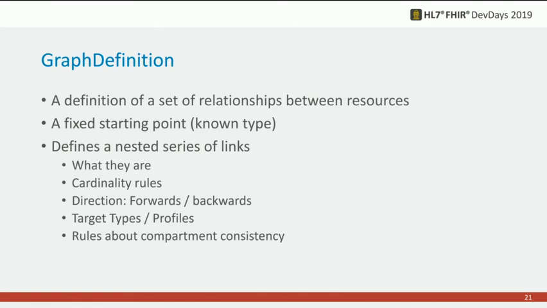That makes sense? If an observation has an encounter, both the encounter and the observation should have the same subject. Is that always true? No. Is it true 99.9% of the time? Yes. Does it matter? Yes. So we can't make that rule in the spec, but most of the time it matters.